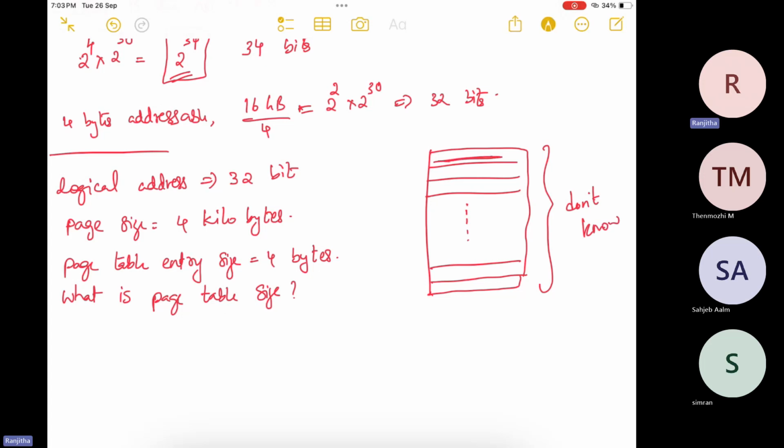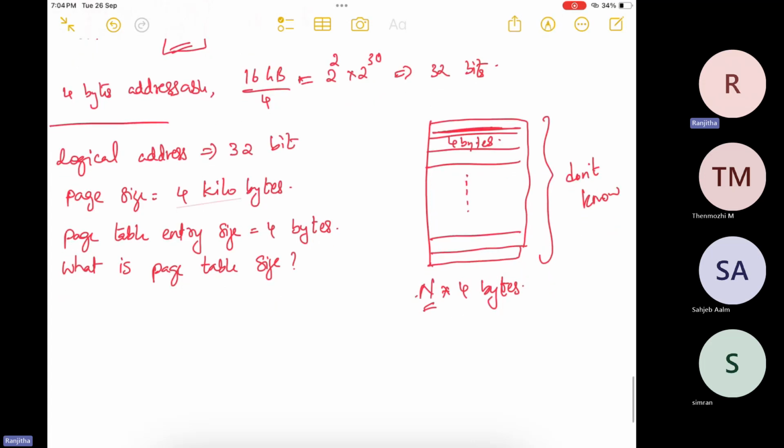It is given as 4 bytes. So what will be the size of the page table? Each entry is 4 bytes, and if we assume that there are n entries, so n into 4 bytes, right? So now how can we find out this n?